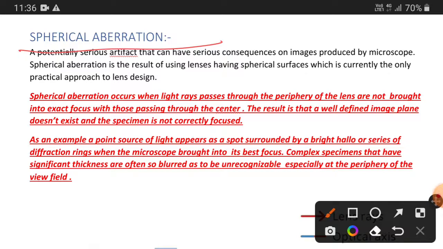Chromatic aberration is due to polychromatic light and to the refractive index of the matter, depending on which different wavelengths of light are refracted differently, right?